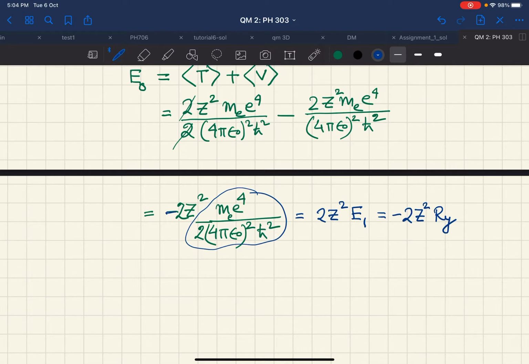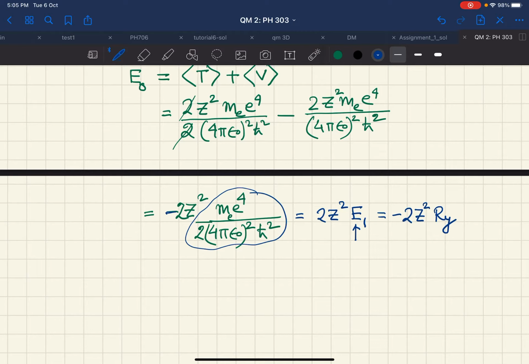Rydberg was m e to the power 4 divided by 32 pi squared epsilon naught squared h bar squared, whose value of course is 13.6 electron volt. If you write it in terms of the ground state energy of the hydrogen atom, then it is minus 13.6 electron volts.